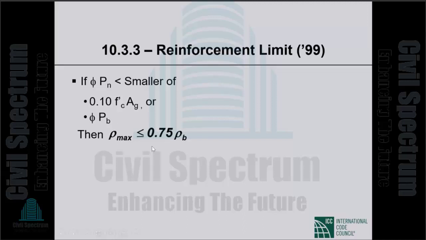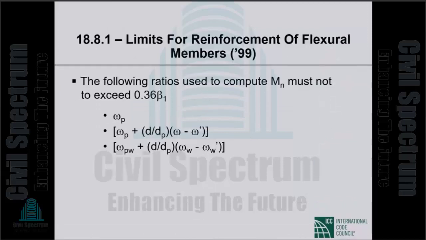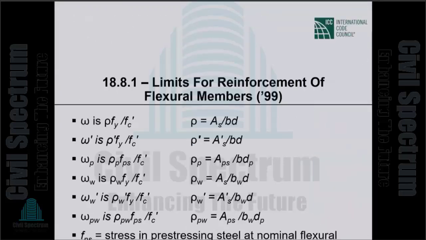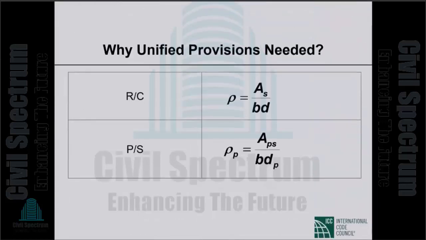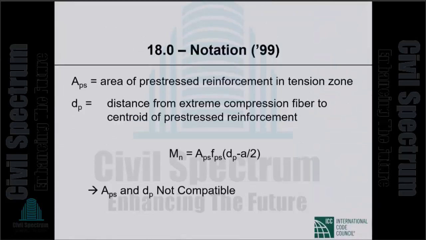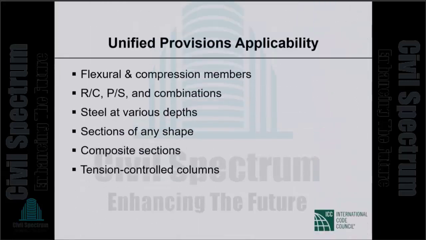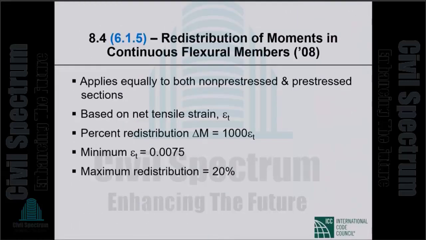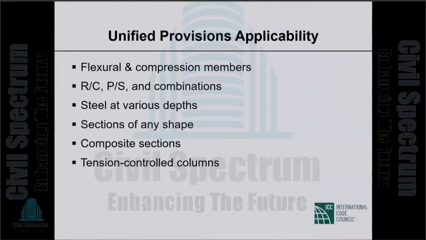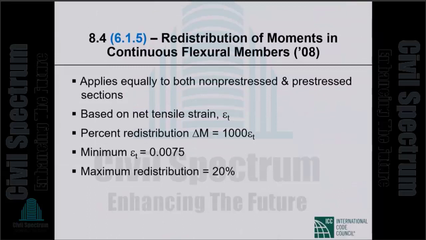We could not place any more tension reinforcement than 3/4 of rho balanced. There was a pre-stressed concrete counterpart that I will not even get to. So keep that in mind.